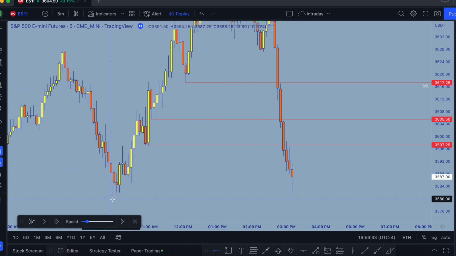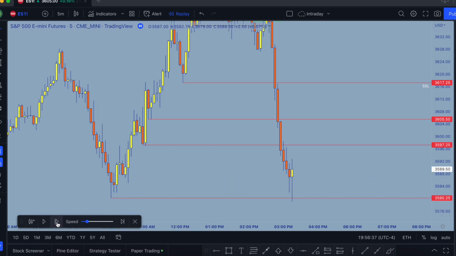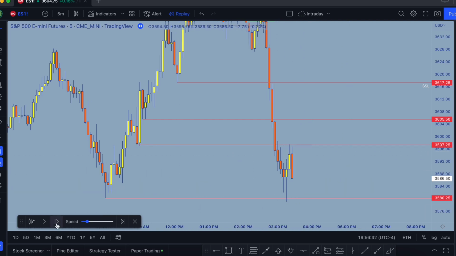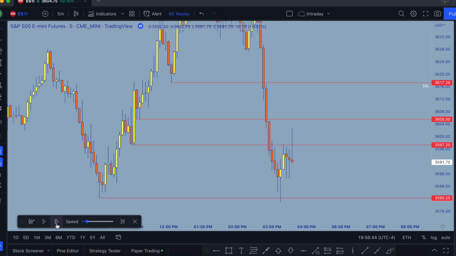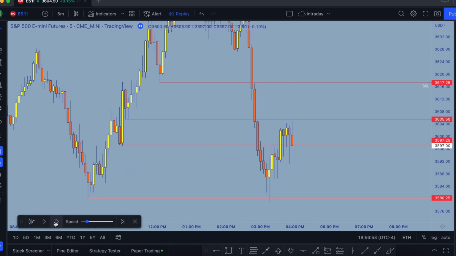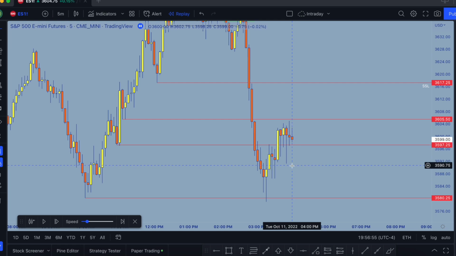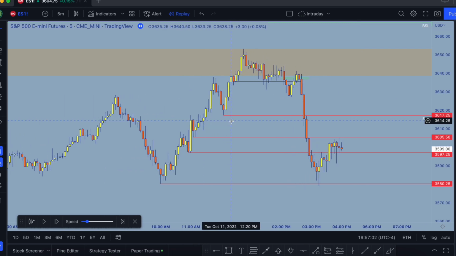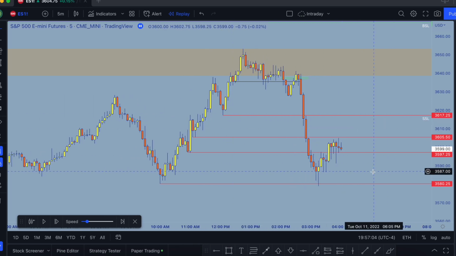Takes out the low from earlier today and reverses back up. Closes the day on a small retrace. And traded from premium to discount, discount to premium, all day long, taking out liquidity and seeking liquidity.